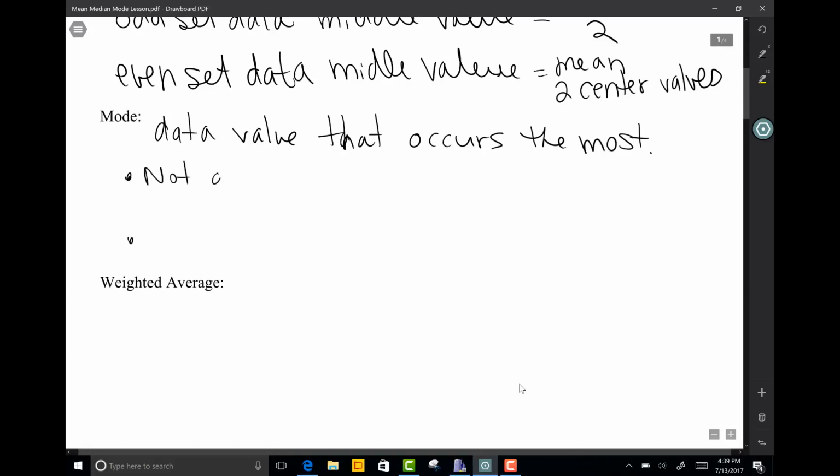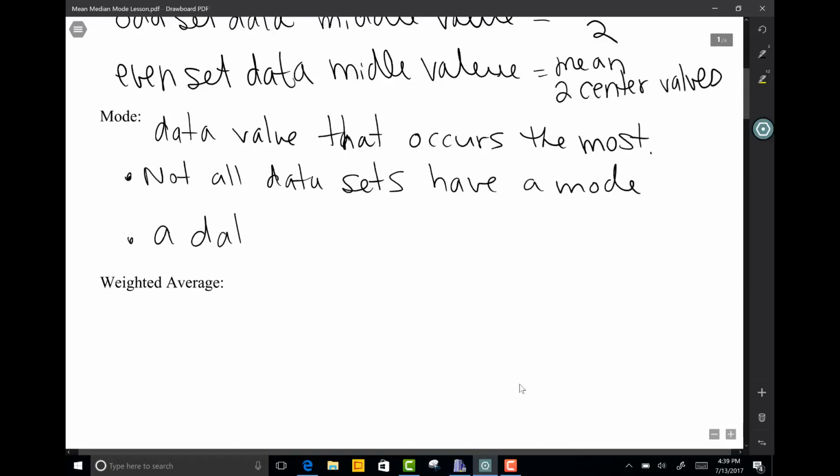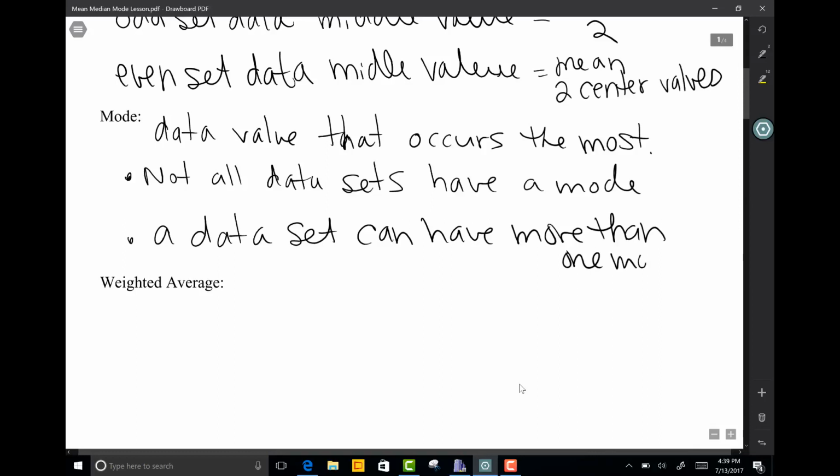Not all data sets have a mode. And the second note is a data set can have more than one mode. So these are a couple of special cases.